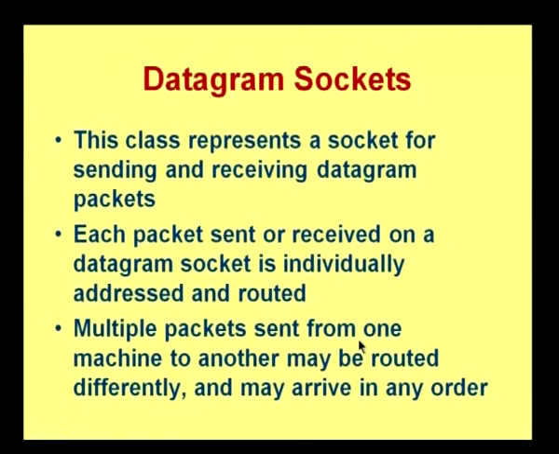So, these are sent as discrete datagram packets, whereas in the case of TCP, it is a continuous stream of data. Multiple packets sent from one machine to another may be routed differently and may arrive in any order. You can see that in a network, if I have n number of packets, you cannot say that all n packets will pass through the same route.